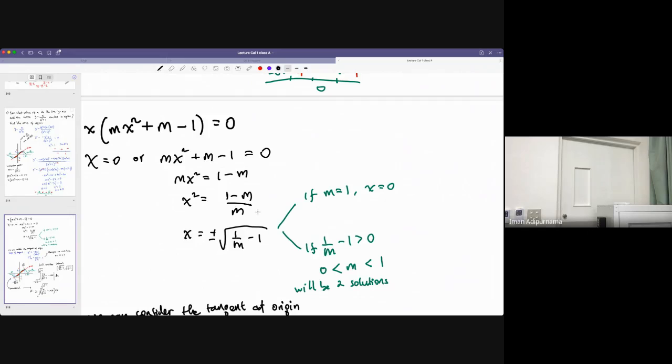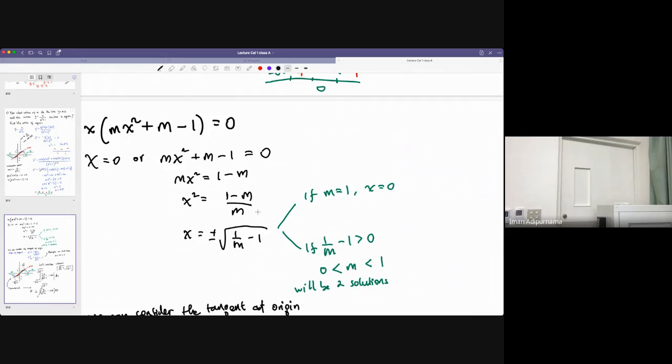So if you want the number inside the square root to be positive, then your m should be a fraction. Do you get it? So m should be from 0 to 1, any number in between these two. So there will be two solutions, but let's see the other considerations.